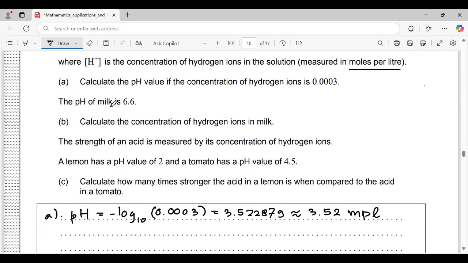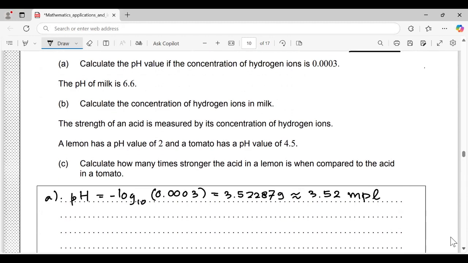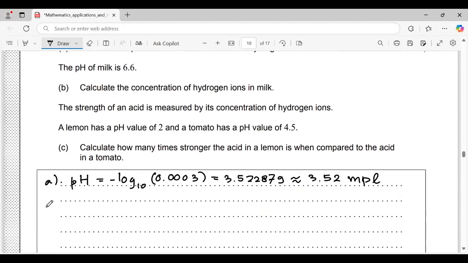The pH of milk is 6.6. Calculate the concentration of hydrogen ions in milk. Okay, minus log base 10 of hydrogen positive is 6.6.